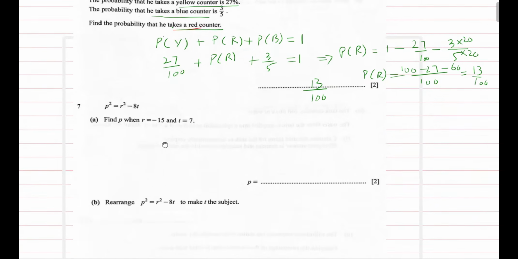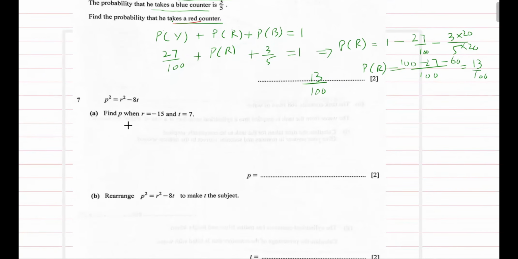Next, question number 7, p square equal to r square minus 8t. Find the value of p when r equal to minus 15, t equal to 7. We can calculate the value of p by substituting the values of r and t in this equation. The value of r here is minus 15. Therefore, p square equals minus 15 whole square minus 8 into 7, which is 225 minus 56, equal to 169.